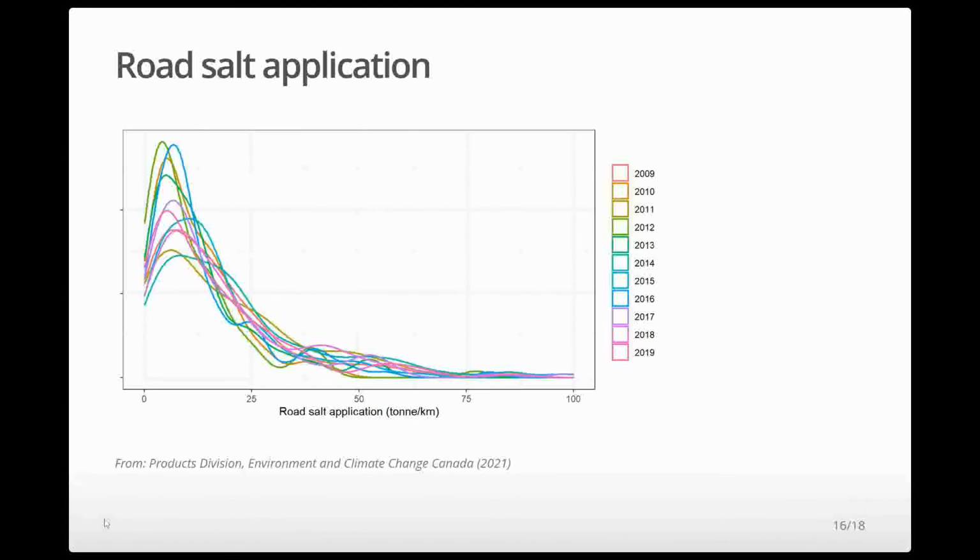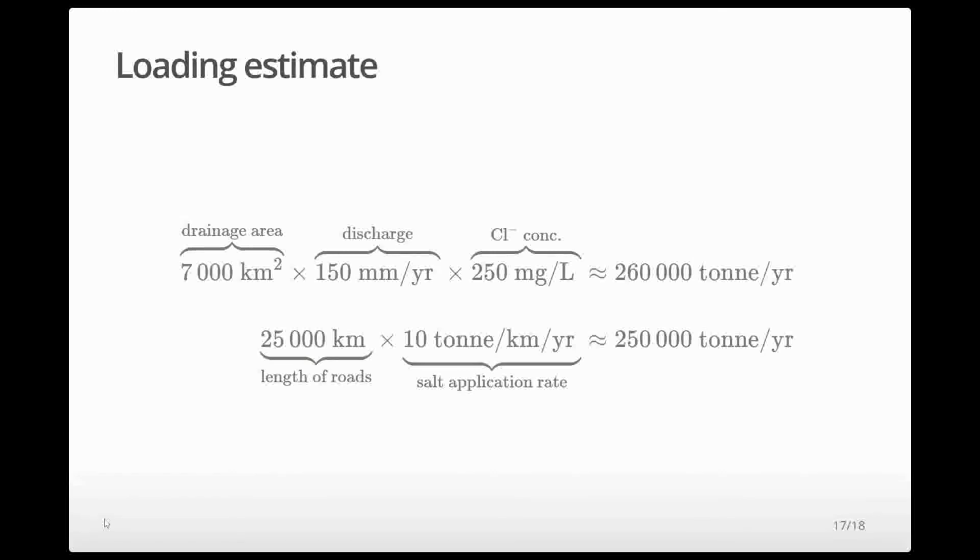When we look at the distribution of these application rates, we could say there's roughly 10 tons of road salt applied per kilometer of serviceable road. So let's put that back into our estimates. Given that there's 25,000 kilometers in total length of road within our study area, this 10 ton per kilometer per year application rate amounts to 25,000 tons per year of salt applied in the region.